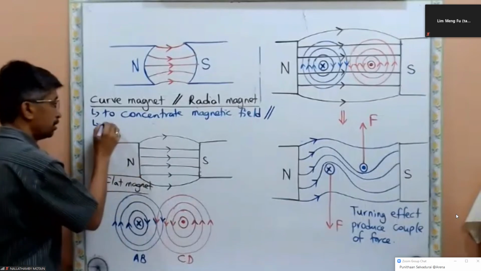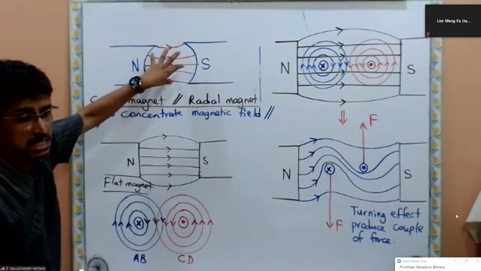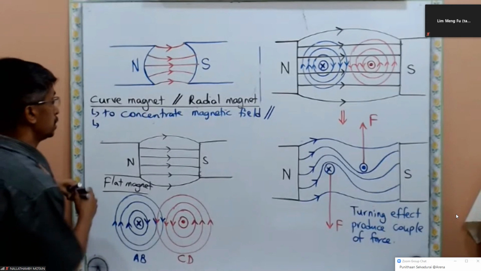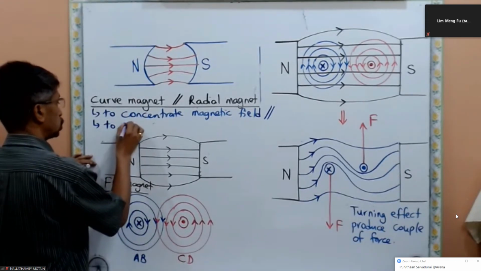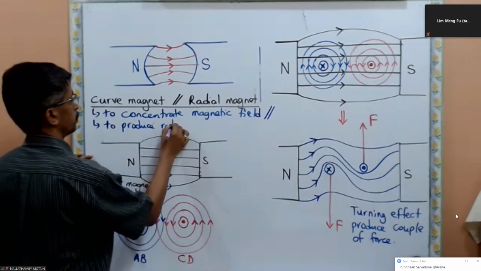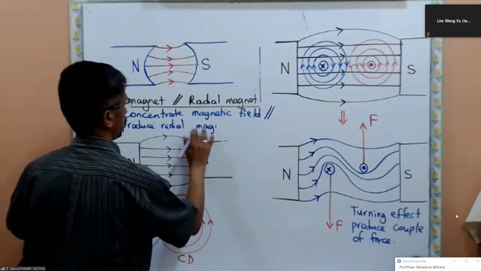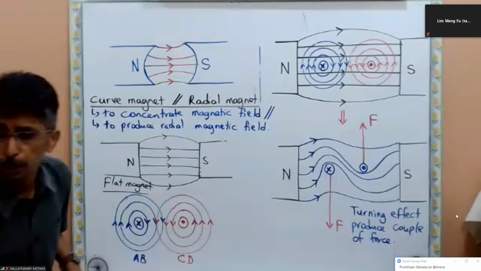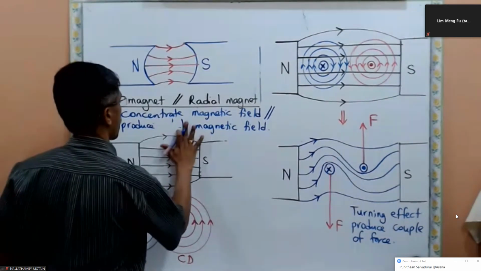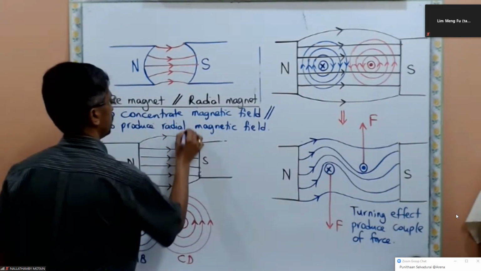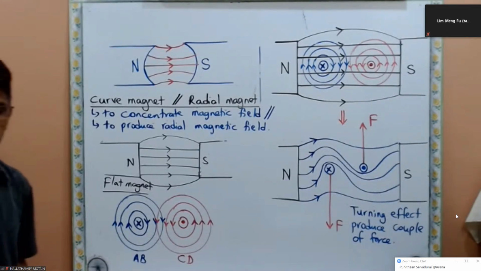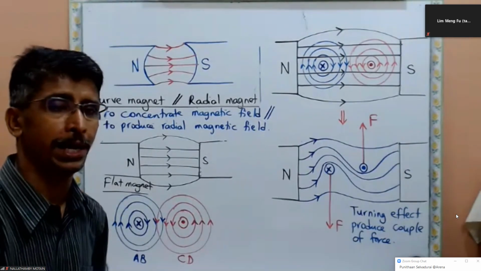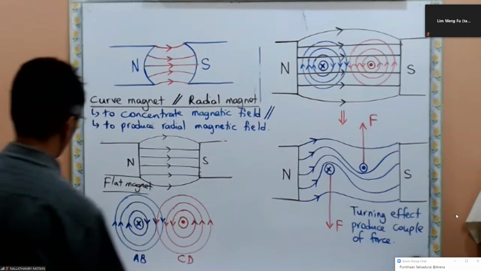So you take this to produce radial magnetic field, R-A-D-I-A-L. If the question says to produce a radial magnetic field, then that is the condition.